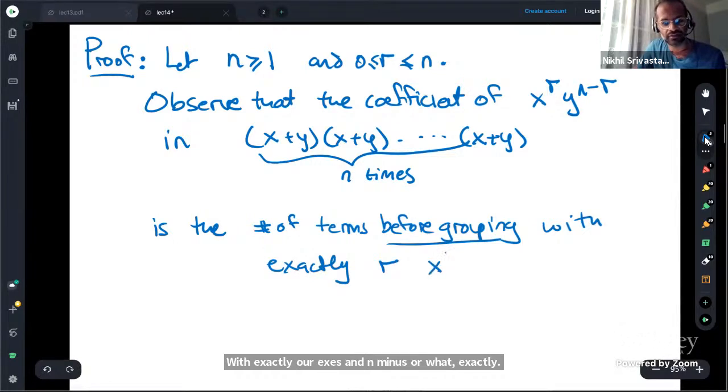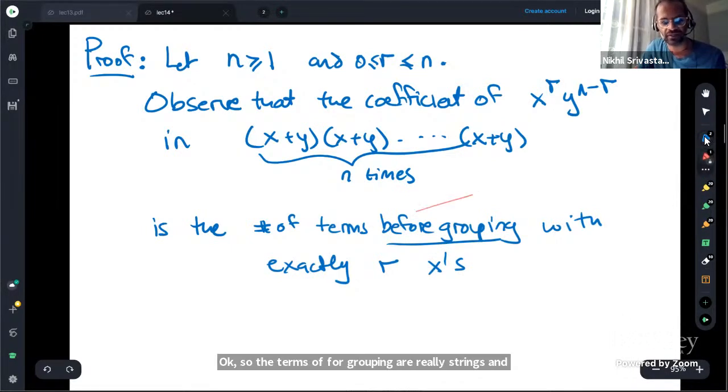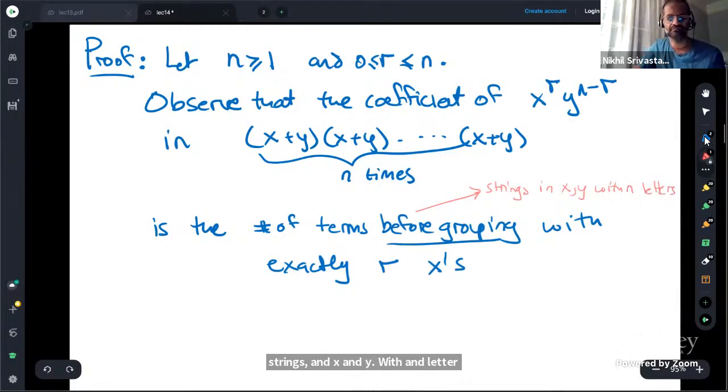The terms before grouping are really strings in x and y with n letters.